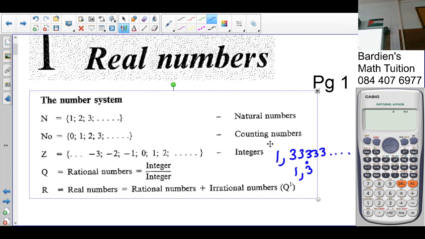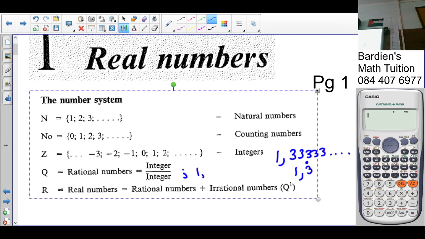So this is now the rational category. The rational numbers are marked with a Q. This is the symbol for rational numbers. So it's integers over integers, which is a fraction.